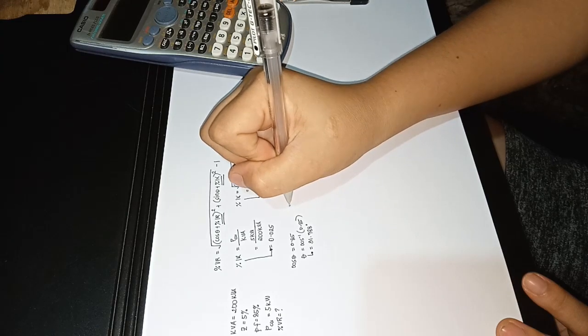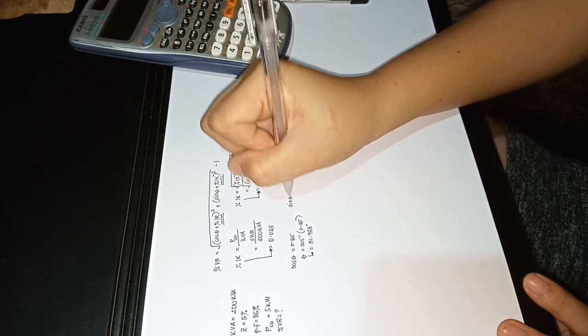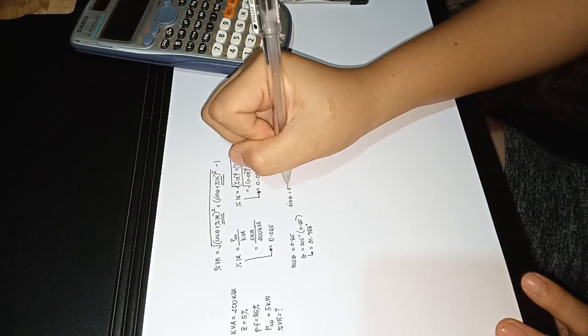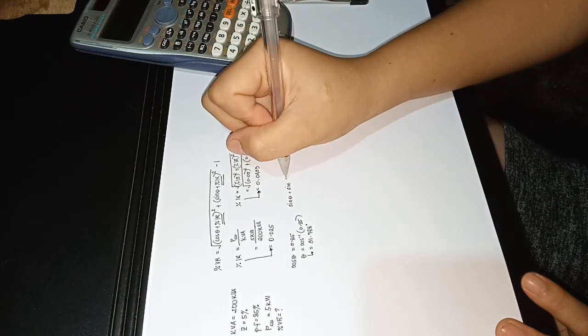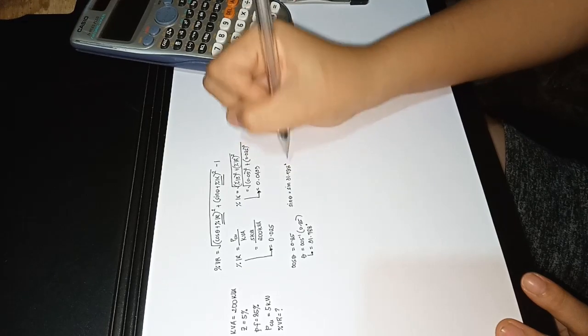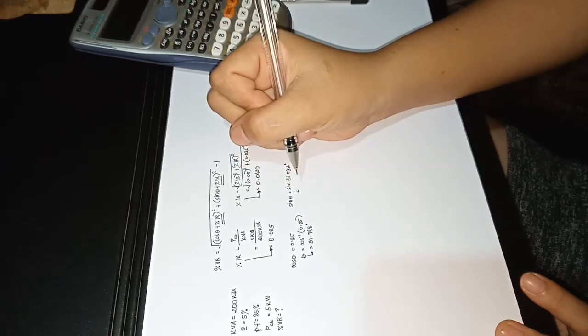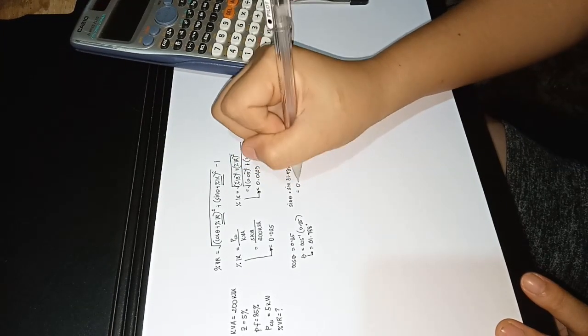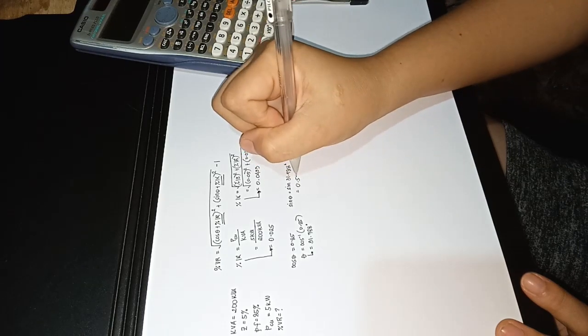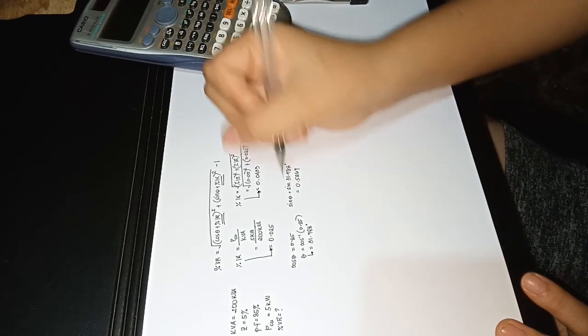Okay, for the sine theta, sine of 31.788 degrees is equal to 0.5267.